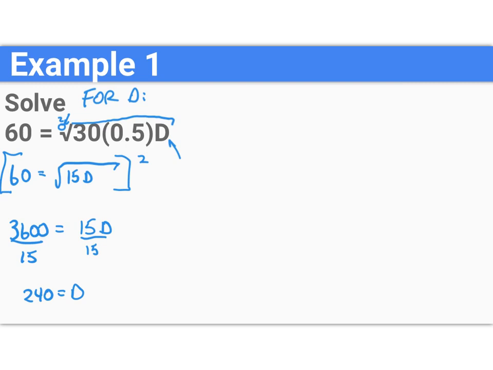You would do 30 times 0.5 times 240, get a number, and then take the square root of it, and that will give you 60. So that is that for example 1.